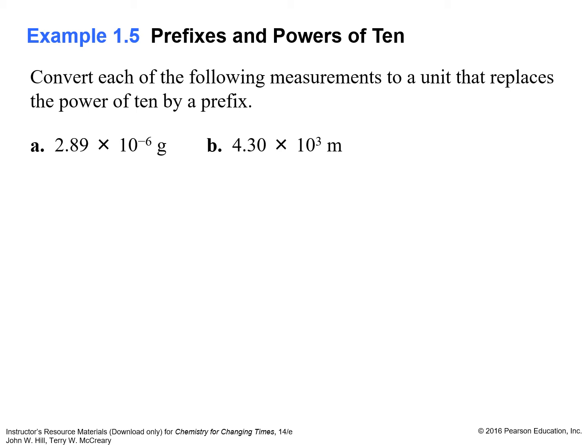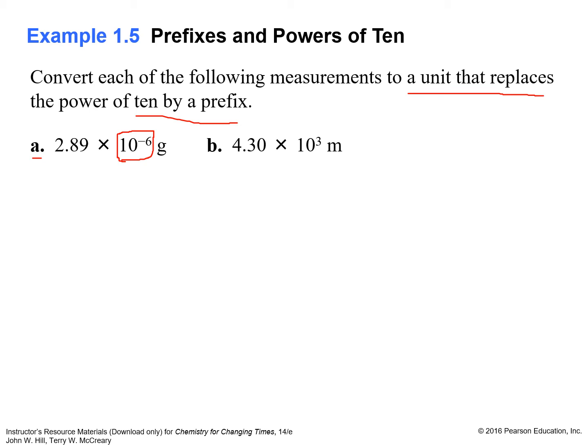So one such example is here, which says convert each of the following measurements to a unit that replaces the power of 10 by prefix. So here you have the first value, A is 2.89 times 10 to the power of negative 6. So you should know from the prefix table that we looked at what 10 raised to minus 6 means.